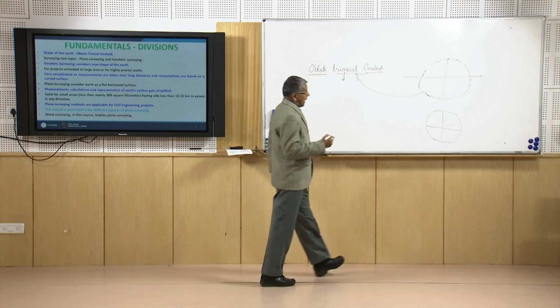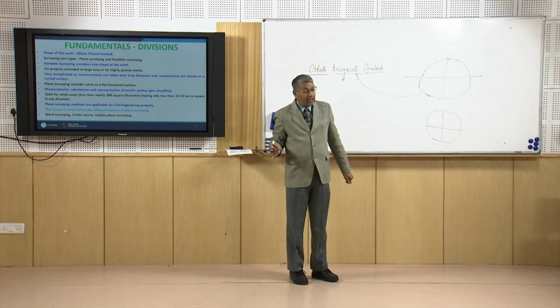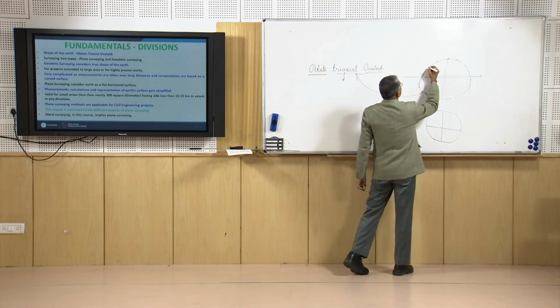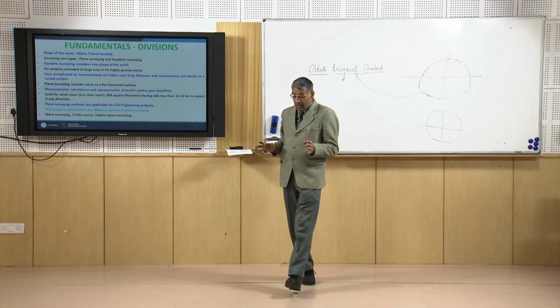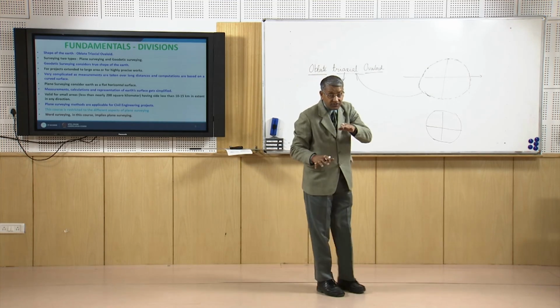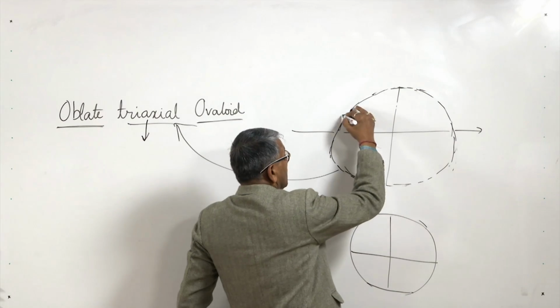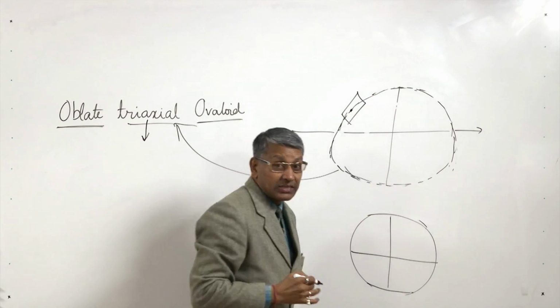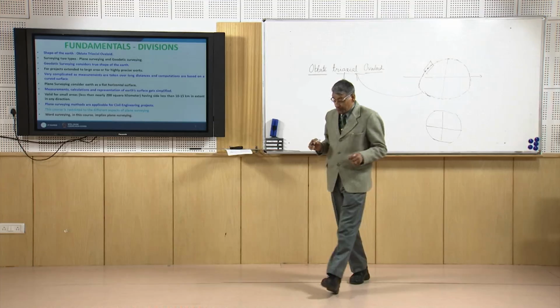Now, if we take a very small dimension of the earth, then there will not be any difference between a plane surface and a curved surface. But if the dimension of the surveying work is large, then there will be a difference between the plane surface and the curved surface.